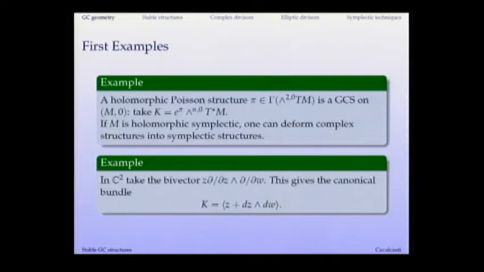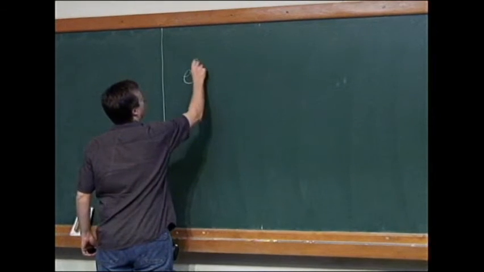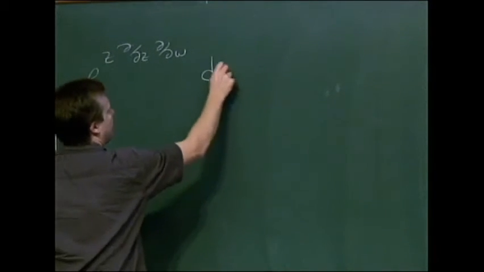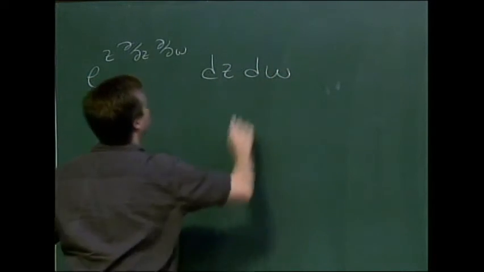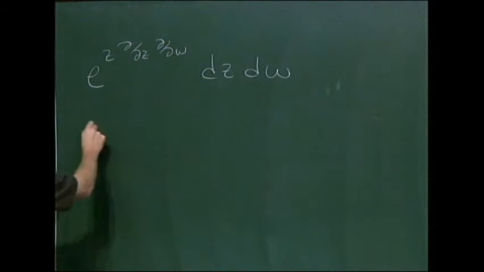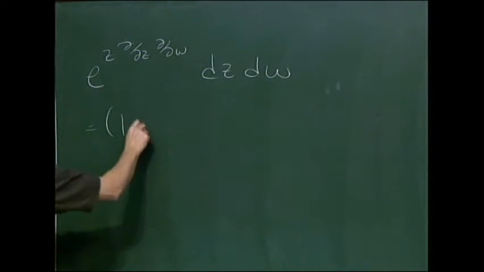So you really do e to the z ∂z∧∂w applied to the canonical bundle of your complex structure, which is dz dw, if I got it right, maybe dw dz. And this is going to be equal to, so just expand the exponential.